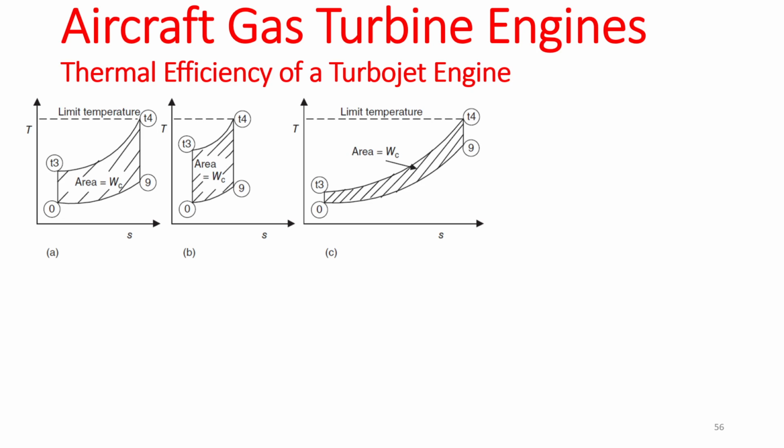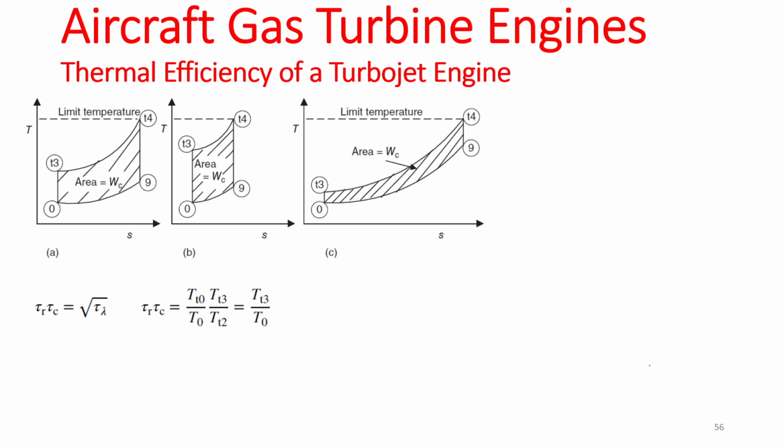So that ratio T0 over T3 is going to be much higher. Well, which one is going to give you the maximum work? The one that has the maximum area, right? Does it make sense? I mean, you already know that.